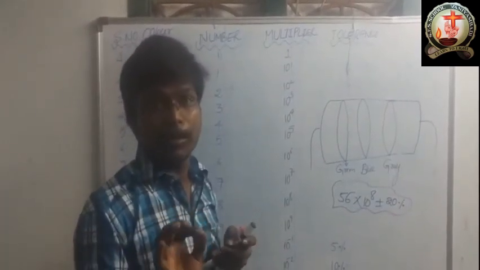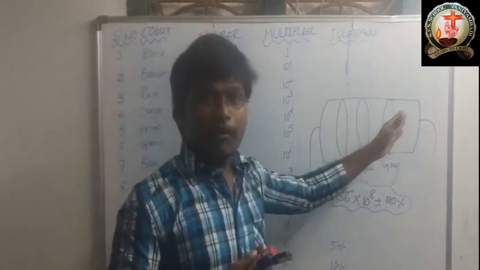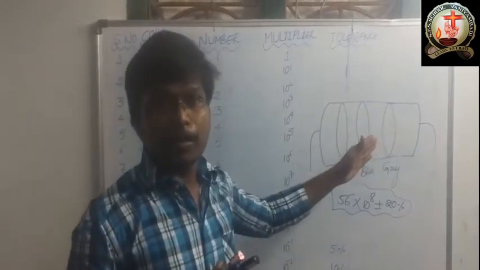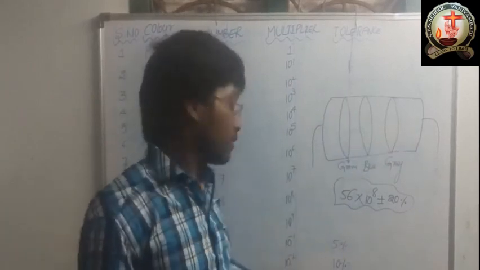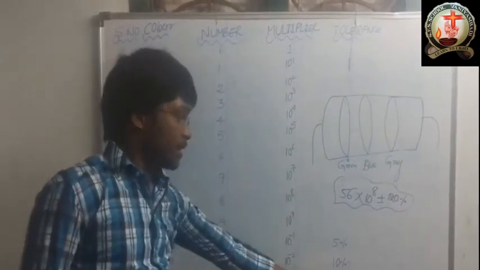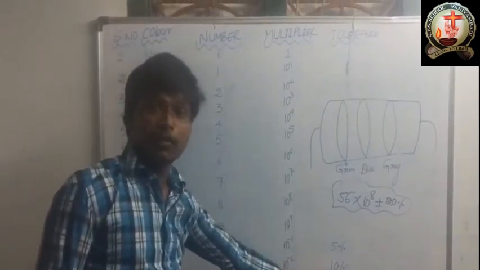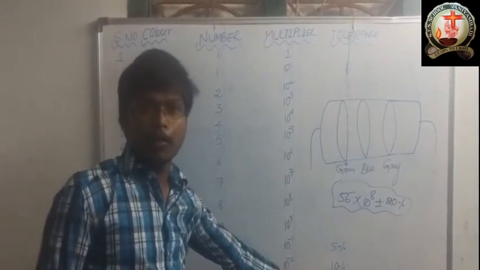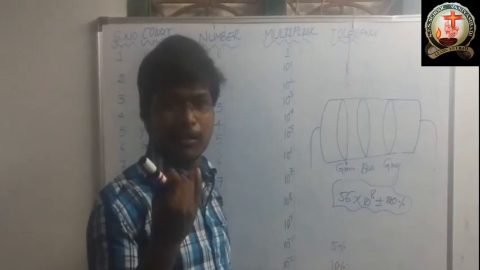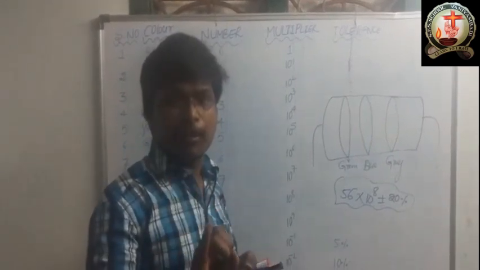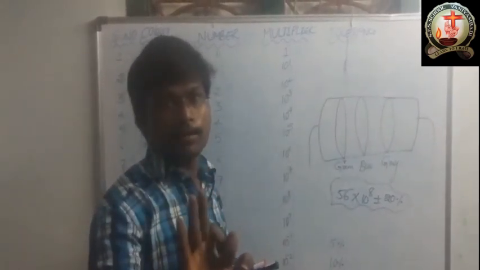Remember this: the fourth ring indicates the tolerance. If the fourth ring is not there, you should take colorless. The colorless tolerance value is 20%. Usually the fourth ring is either silver, gold or colorless.